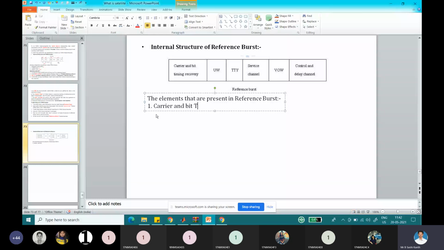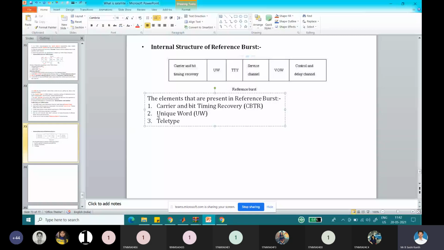That is called CBTR. Carrier and bit timing recovery. Next one is called the unique word, which is known as UW. Third one is called teletype.